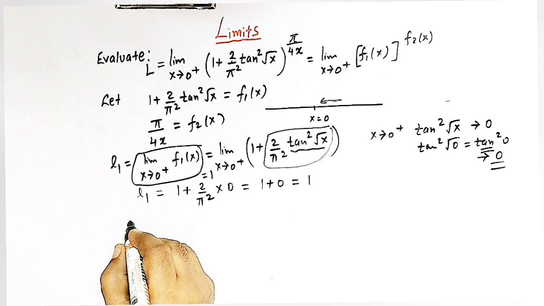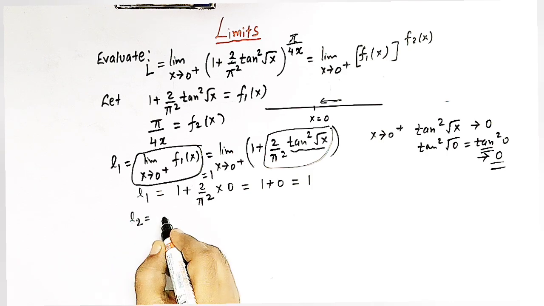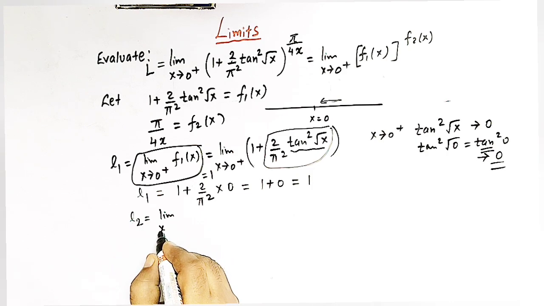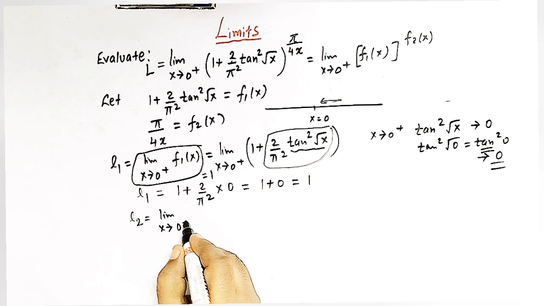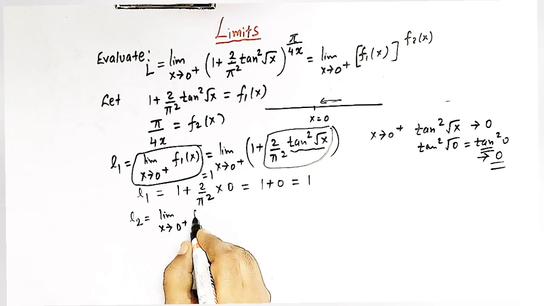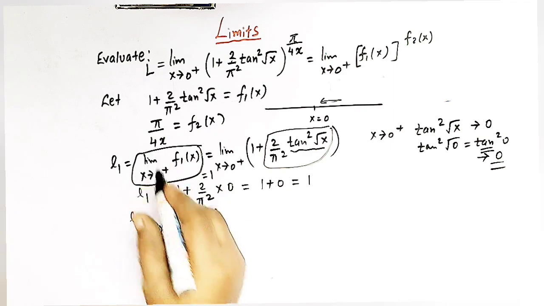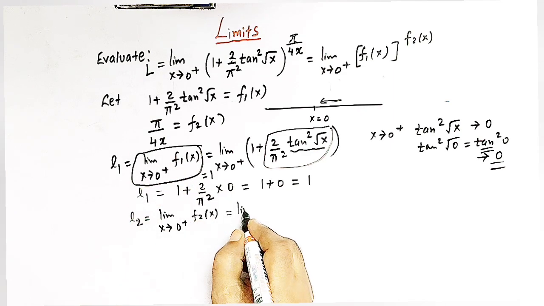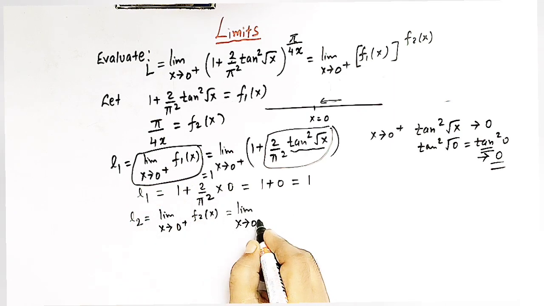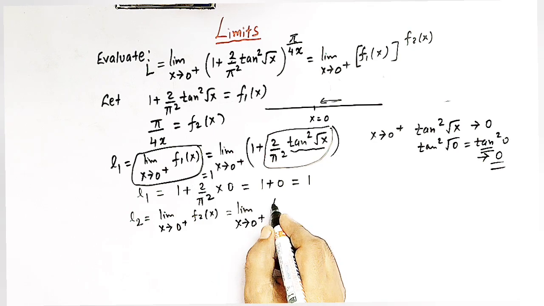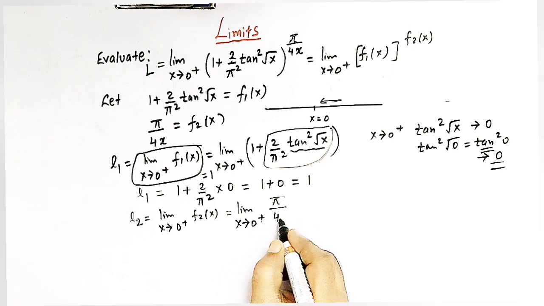So now let us find the limit L2, that is limit x tends to 0 positive of f2(x). f2(x) is π/4x. So we have limit x tends to 0 positive of π/4x.